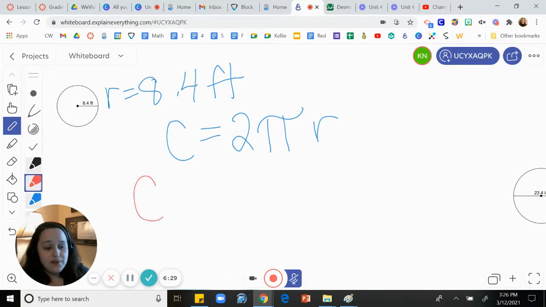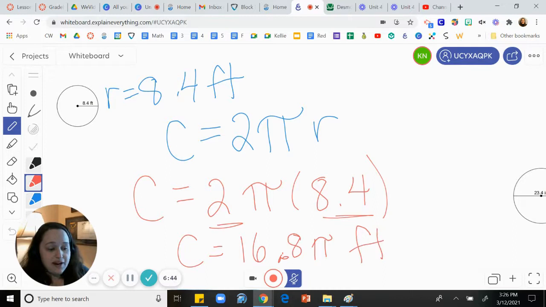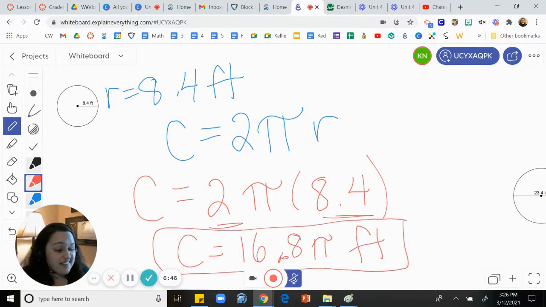So the circumference will be 2 times pi times 8.4. So I'll take 2 times 8.4, that's 16.8 pi. My units were feet, so I keep those feet there. This is a length, and that's as exact as I can be. So an exact answer, or an answer in terms of pi, is 16.8 pi feet.